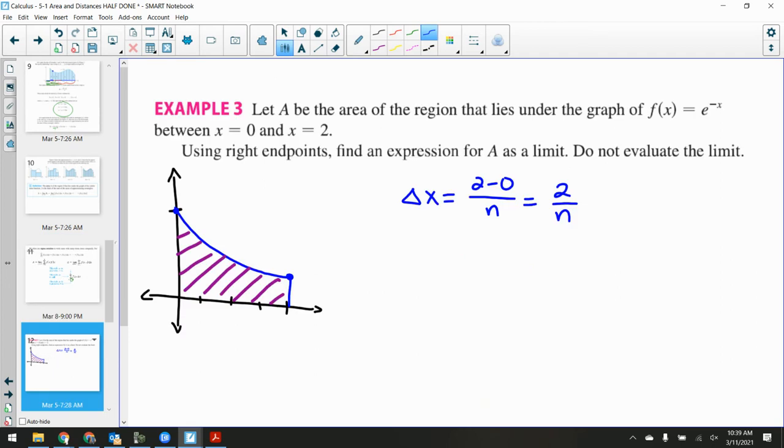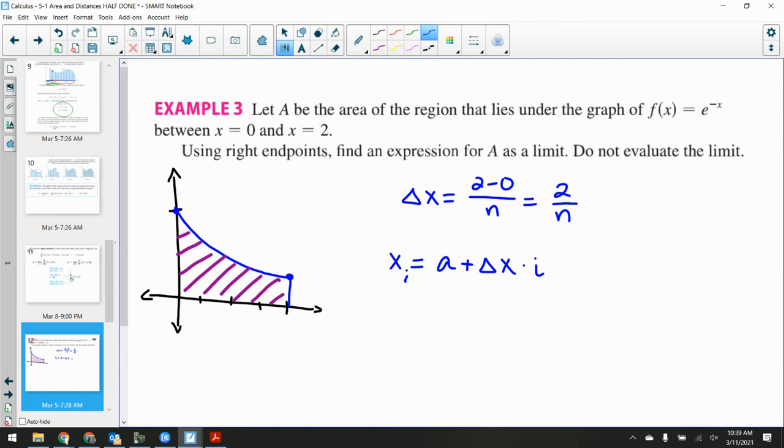Now, each x value, xi, whatever you want to call it, is going to be the starting value plus delta x times the i term, right? So if i is 1, if it's my first term, it's going to be delta x times 1.